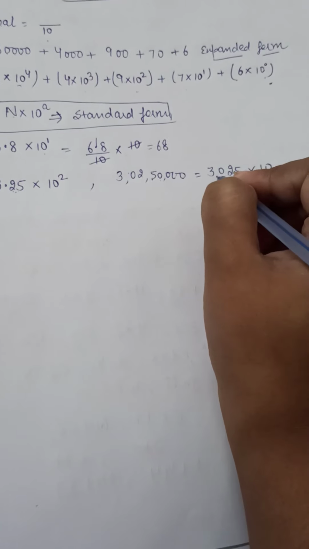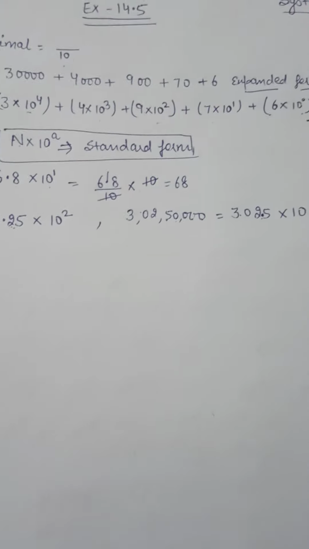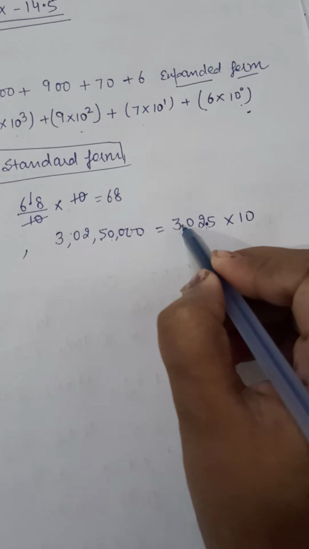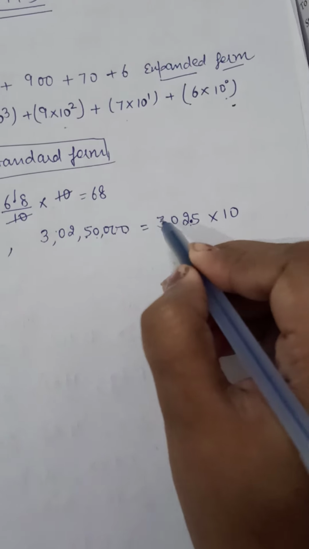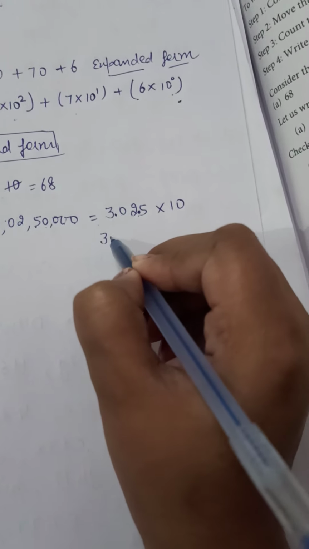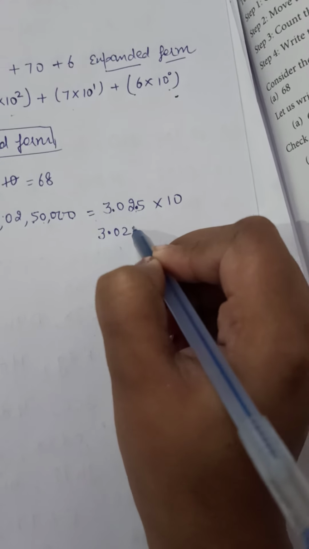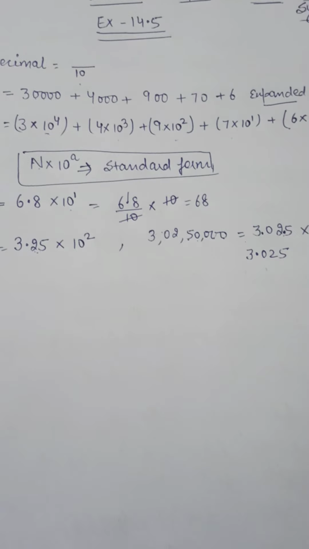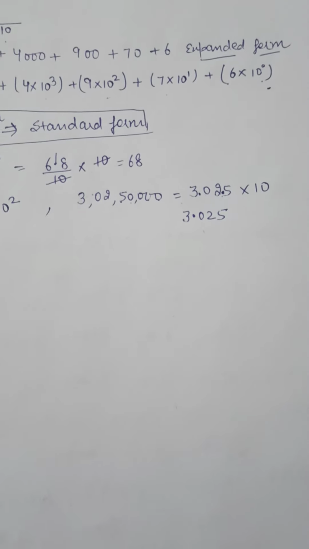You can increase. What do you have to do? In the standard form, you have to keep just one number before the decimal. That's why they are saying n is the corresponding decimal.